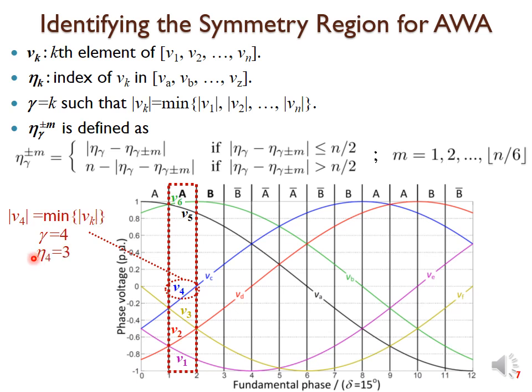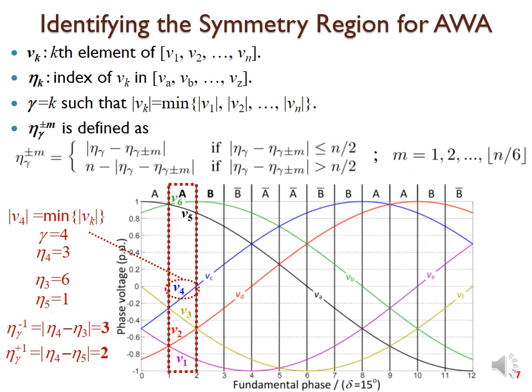In addition, eta 4 is 3 because V4 is the same as Vc, which in turn is the third element in the array of the phase voltages. It is also straightforward to obtain that eta 3 is 6 and eta 5 is 1.